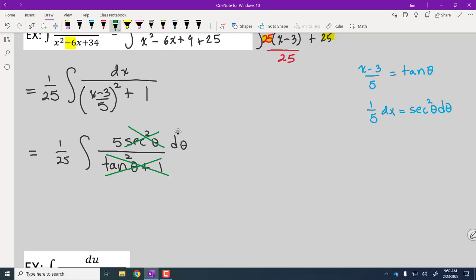So we have a secant squared in the top, secant squared in the bottom. They both cancel. This gives us 1 over 5 integral of d theta. That seems awfully suspicious. So we integrate d theta, and we get theta.